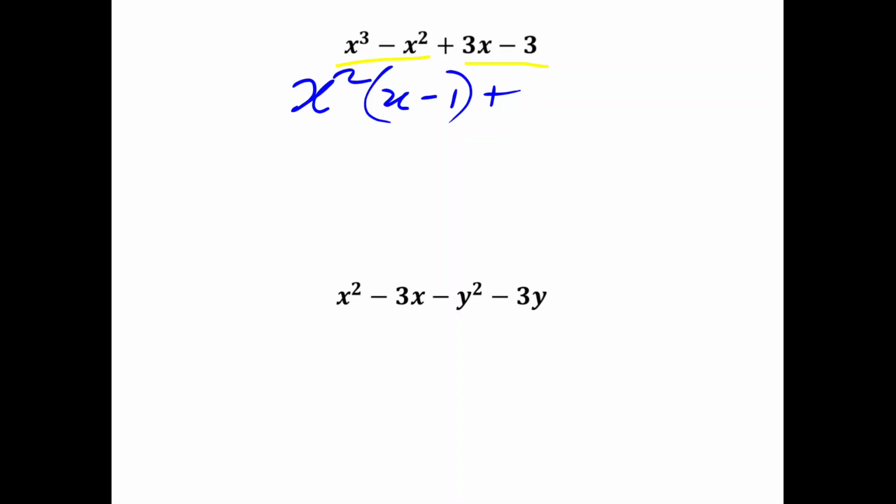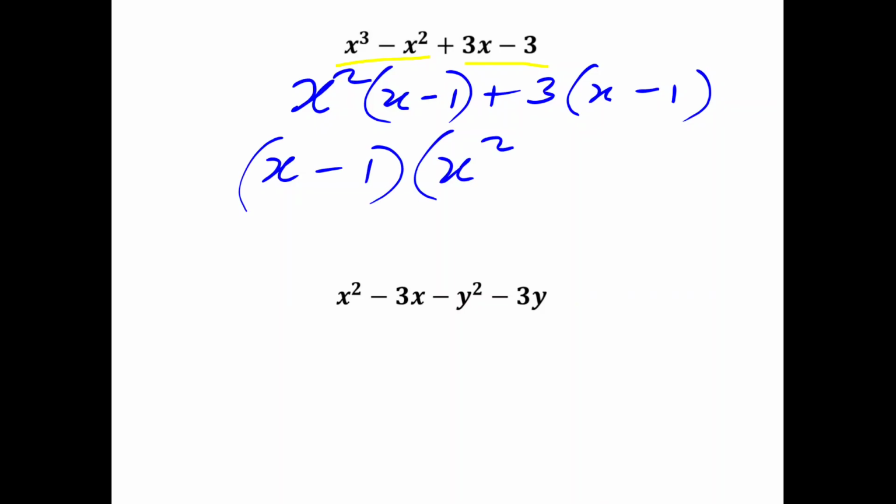When you look at the second one, we have 3x minus 3. The common factor there is 3. We take 3 out. We have x minus 1. Now it so happens that x minus 1 is now a common factor. So x minus 1 is a common factor. Then we are left with x squared plus a 3. This is now factorized.